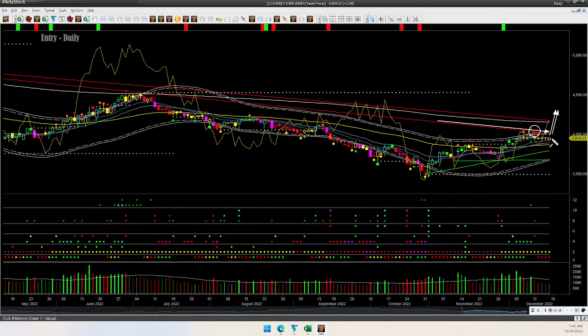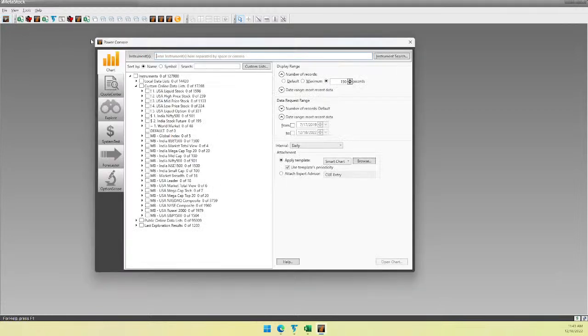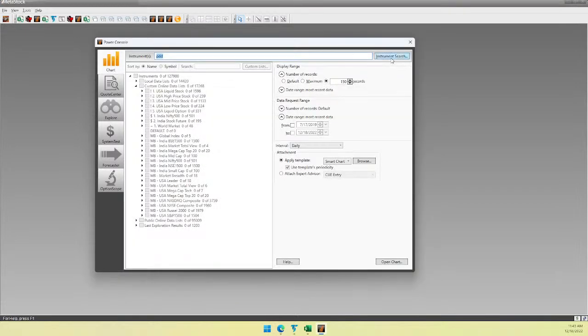Is there a short setup in CSI 300? No. But if CSI 300 goes down, there may be Chinese stocks that are shortable, and some of the Chinese stocks are listed in the USA market also, and if I am not mistaken, PDD is one of them. Let's look at, okay, is it PDD or PDD.O?